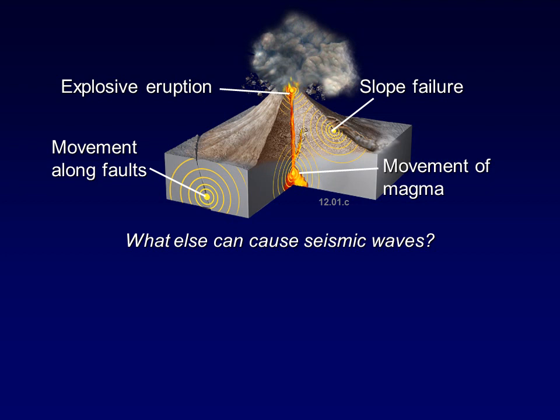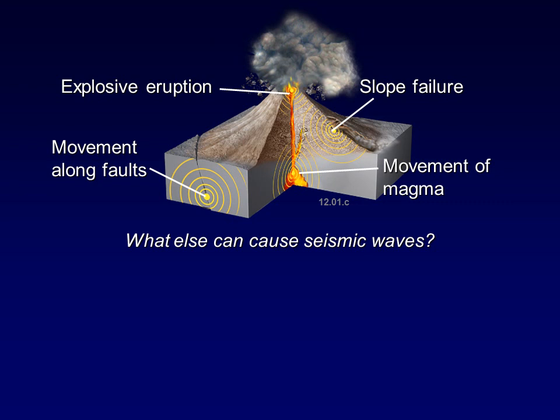earthquakes around volcanoes. So just to elaborate that a bit, explosive eruptions or a volcano erupting generates seismic waves, as does the movement of liquid magma. So the movement of the magma below the surface as well as the explosive eruption is sending out these waves of energy, the seismic waves. Movement along faults.